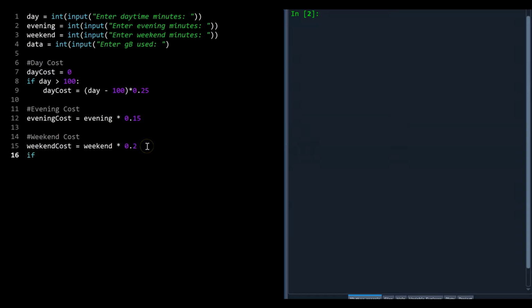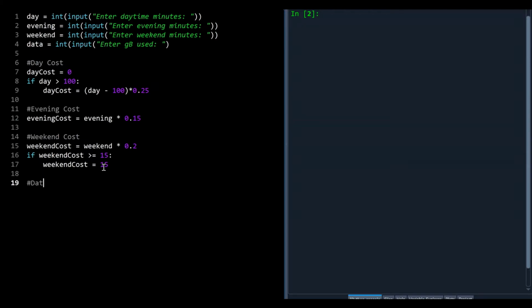And if it goes over 15, then we'll just reset the weekend cost to 15. So weekend cost is just going to be equal to 15. So it'll do this calculation, but if we reach our maximum, then it's just going to cap that maximum.